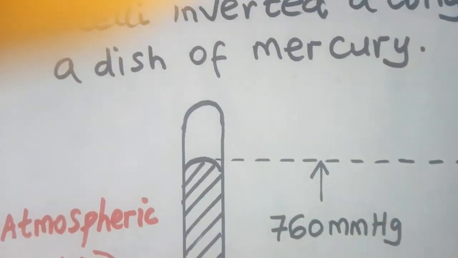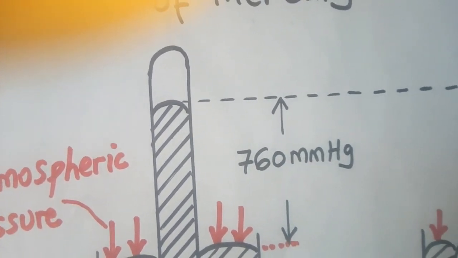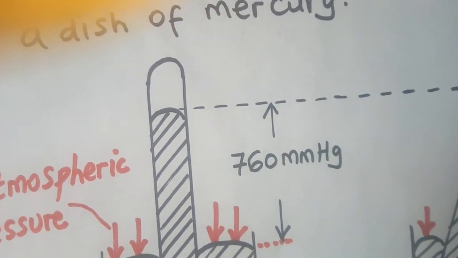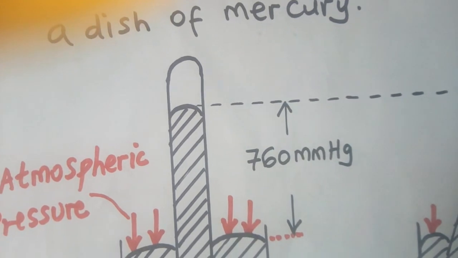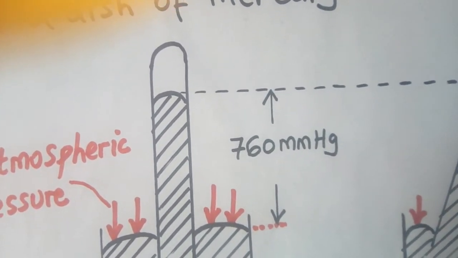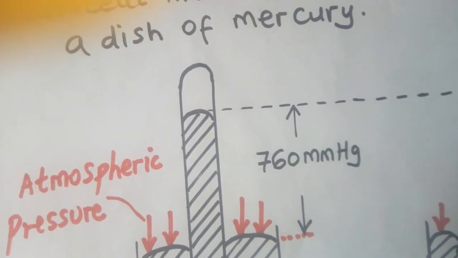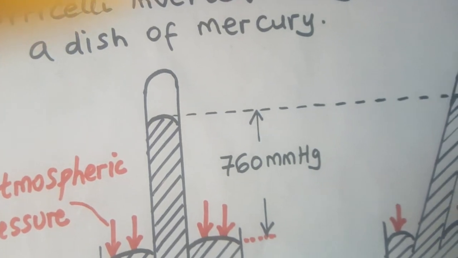What does that mean? Sometimes it is 760 millimeters, sometimes it is more, sometimes it is less, depending on the day. So this height keeps on varying, depending on atmospheric pressure.